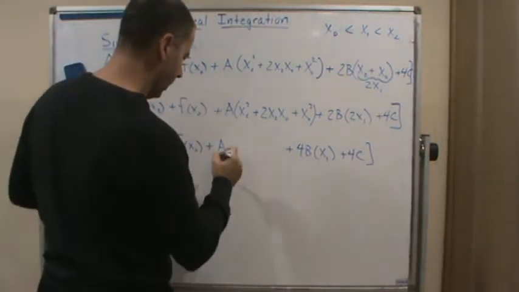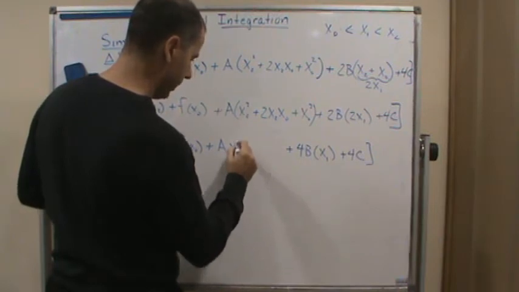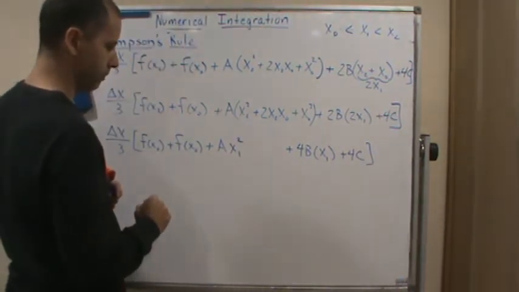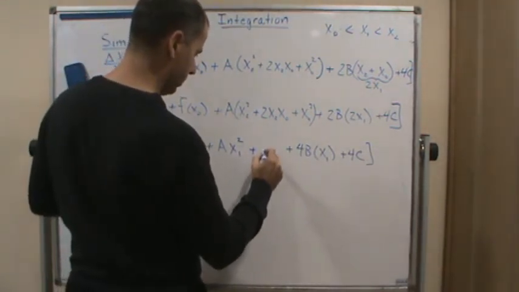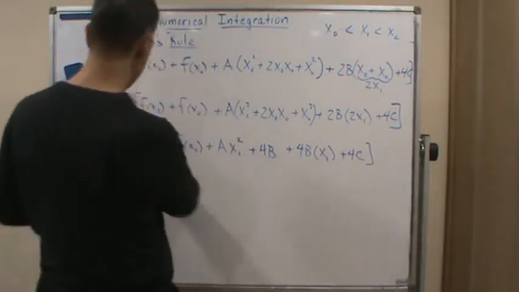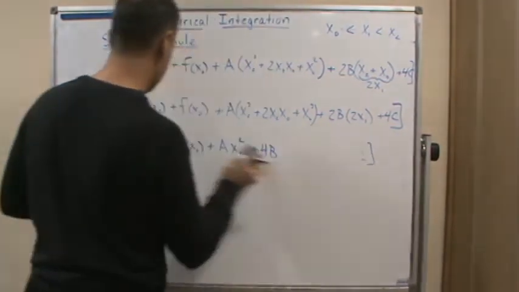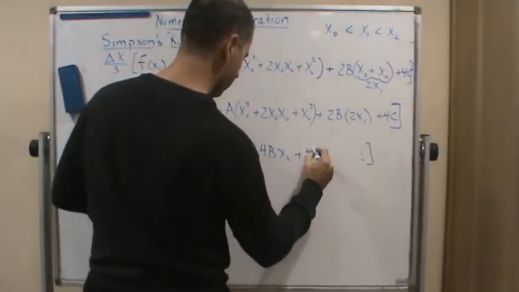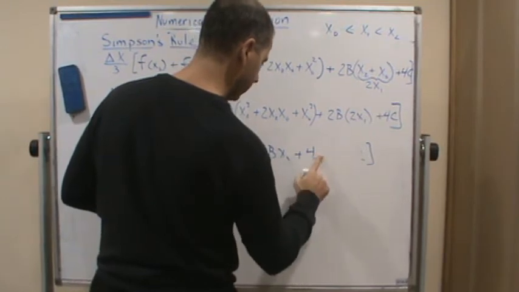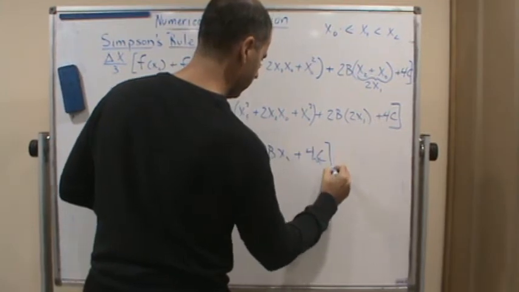So this is going to be a x1 squared plus 4b x1 plus 4c.